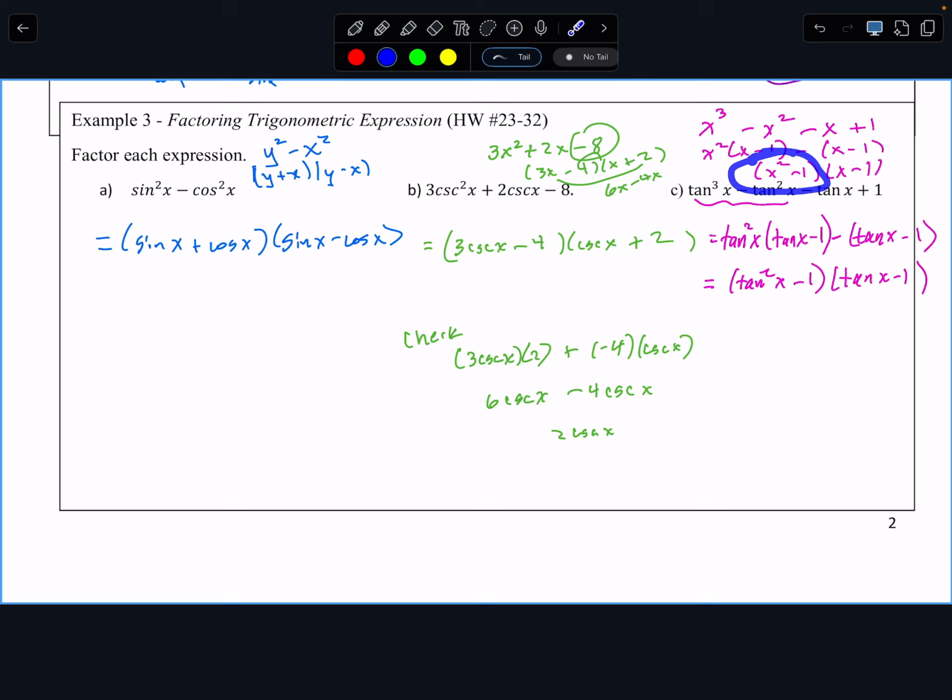But up here where I did it with x squared minus 1 is still a difference of squares. It factors x plus 1, x minus 1. Tangent squared x minus 1 is a difference of squares. It factors tangent x plus 1, tangent x minus 1.